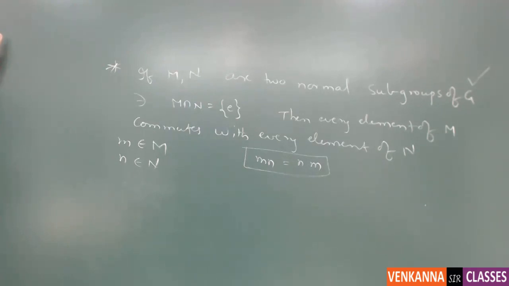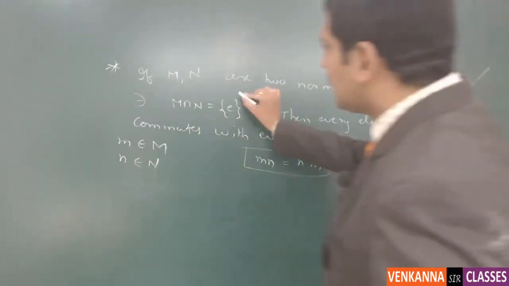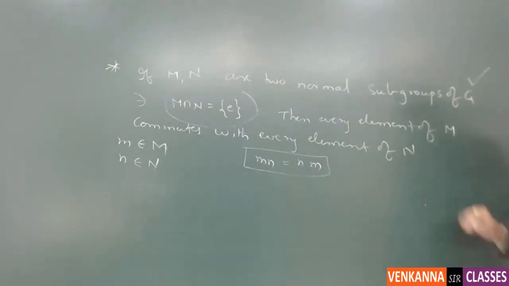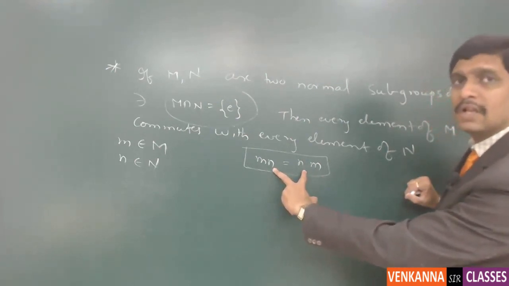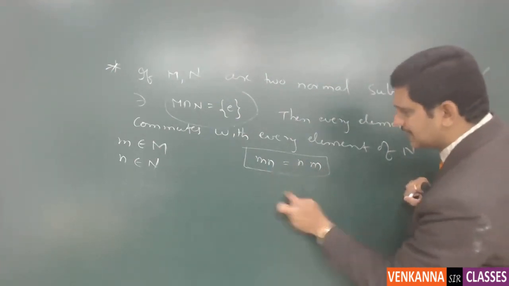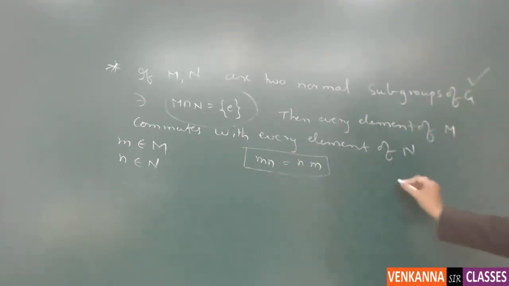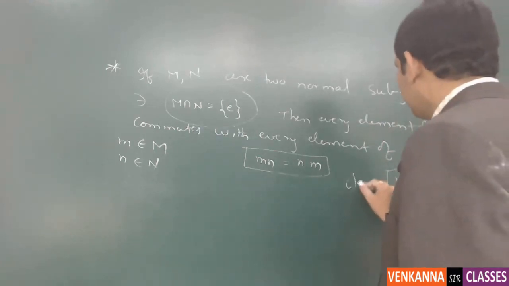Now, the ideology is very simple. Since it is given that M intersection N is equal to e, this is what we have to show. Now, if you bring these elements this way, you will get the inverse part. So I want to show that n m n inverse m inverse belongs to M intersection N. This is my claim.